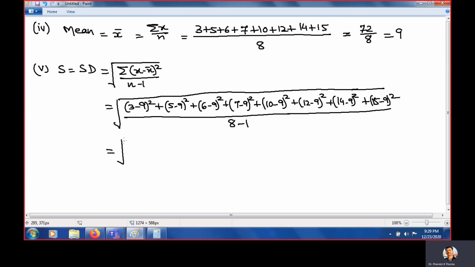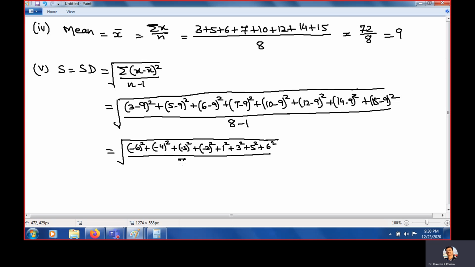Okay, what will you get? You will get 3 minus 9 is minus 6 whole square plus 5 minus 9 is minus 4 whole square plus 6 minus 9 is minus 3 whole square plus minus 2 whole square plus 10 minus 9 is 1 whole square plus 12 minus 9 is 3 whole square plus 5 whole square and plus 6 whole square, and this upon 8 minus 1 is 7.